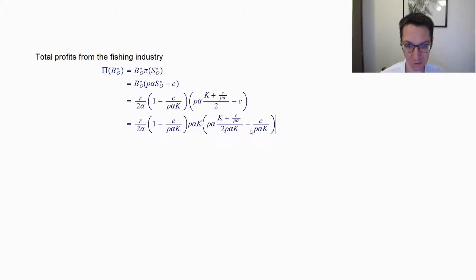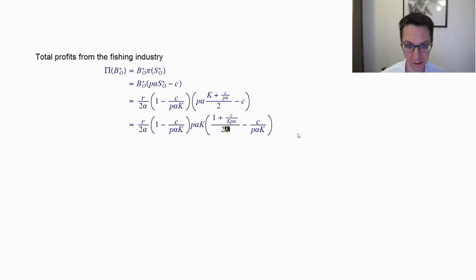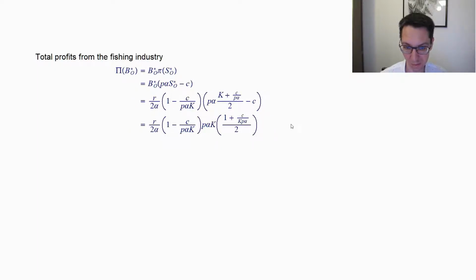So P alpha is going to disappear. Then K I can divide by K here, and then K there. So here I can multiply this by 2 and divide by 2. And actually what I can do then is put it here.